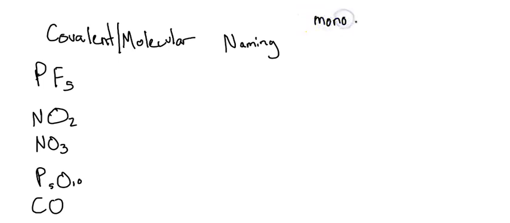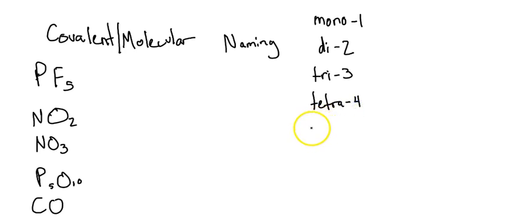We have mono, which is the subscript of 1. We've got di, the subscript 2. We've got tri, which is a subscript of 3. Tetra, the subscript of 4. Penta, which is the subscript of 5.